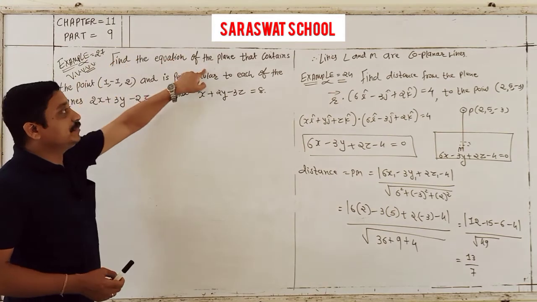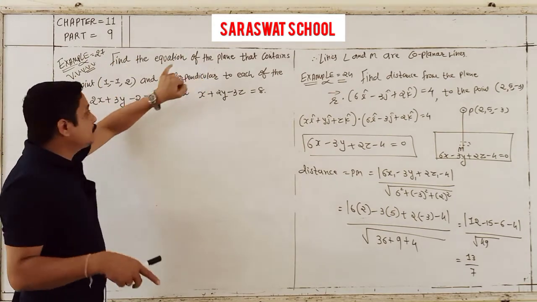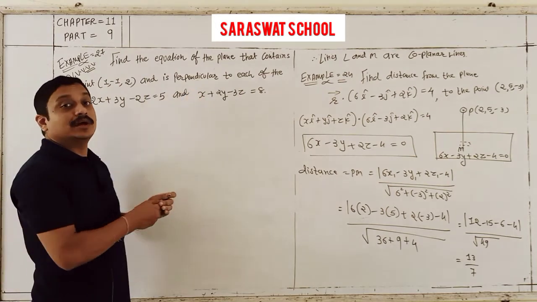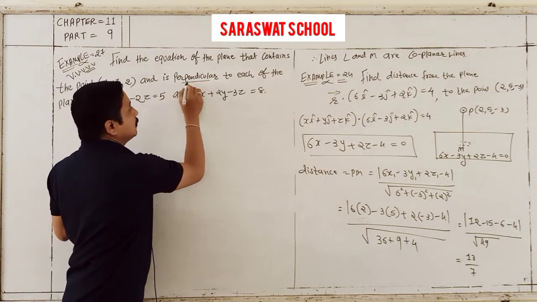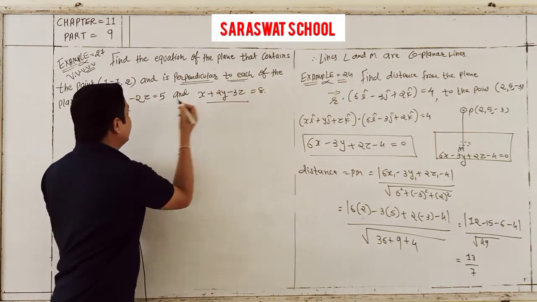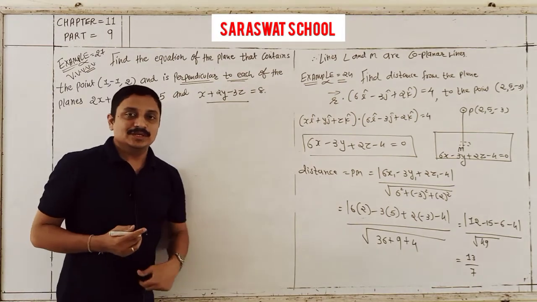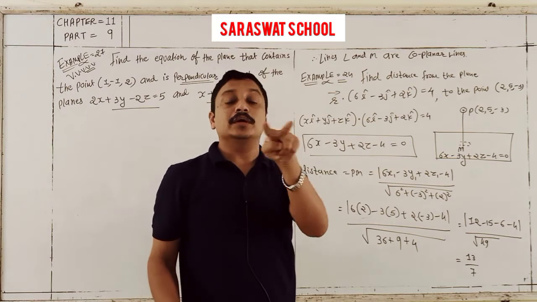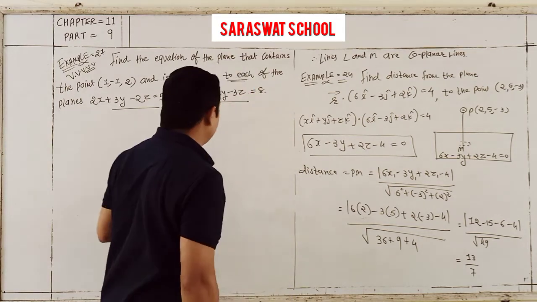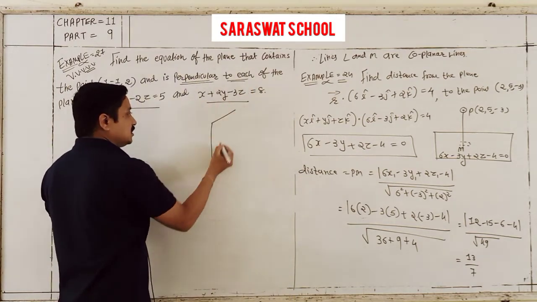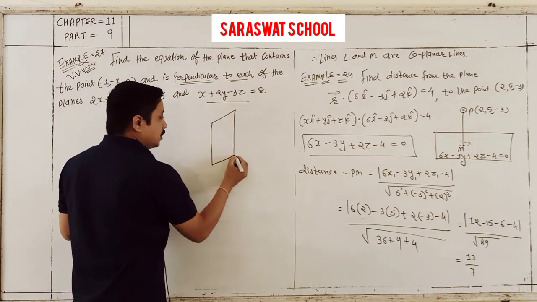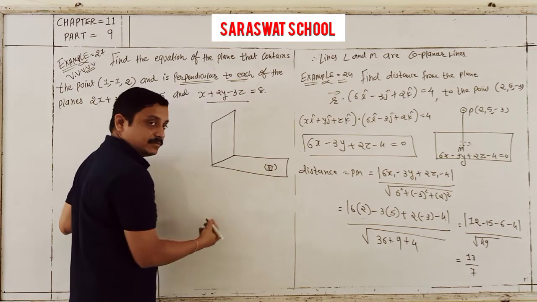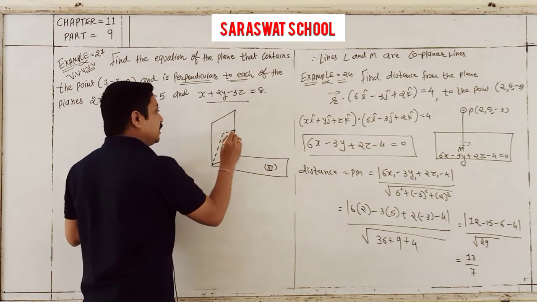Find the equation of the plane passing through 1, minus 1, 2 and perpendicular to both plane 1 and plane 2. This is the main line. So I want a third plane which is perpendicular to both. It means generally your drawing is this. Consider that's your plane 1, here your plane 3, that is the derived answer, and here plane 1 and plane 2.